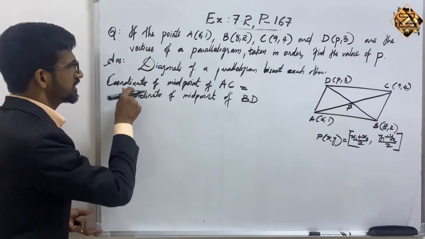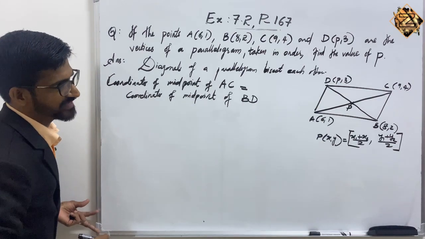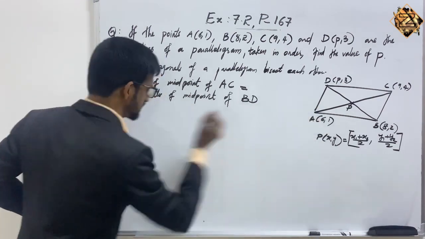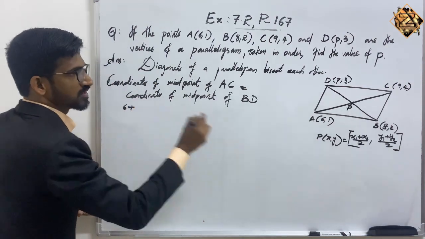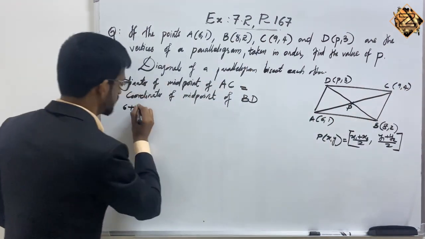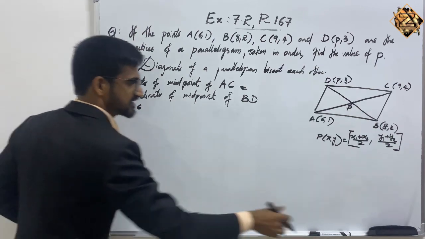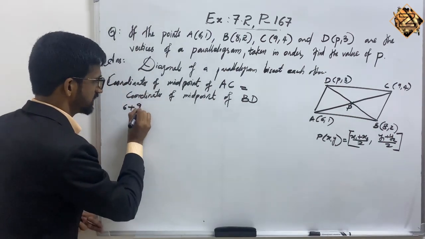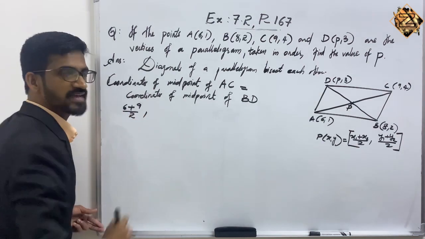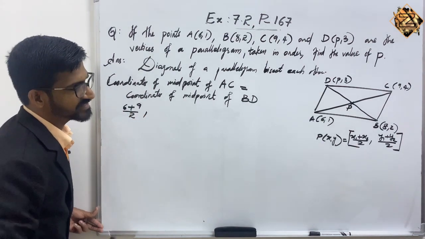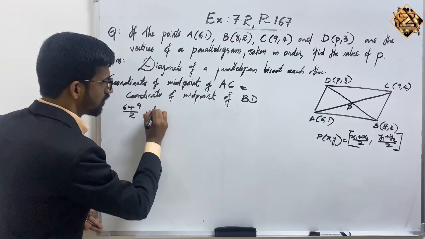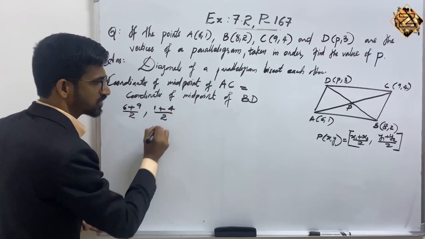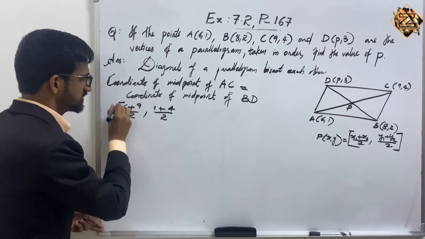So here, applying that, the coordinates of the midpoint of AC: x1 here is 6 plus x2, which is 9, so 6 plus 9 by 2. That's the x coordinate of the diagonal AC, and for the y coordinate, again 1 plus 4 by 2, y1 plus y2 by 2, isn't it?